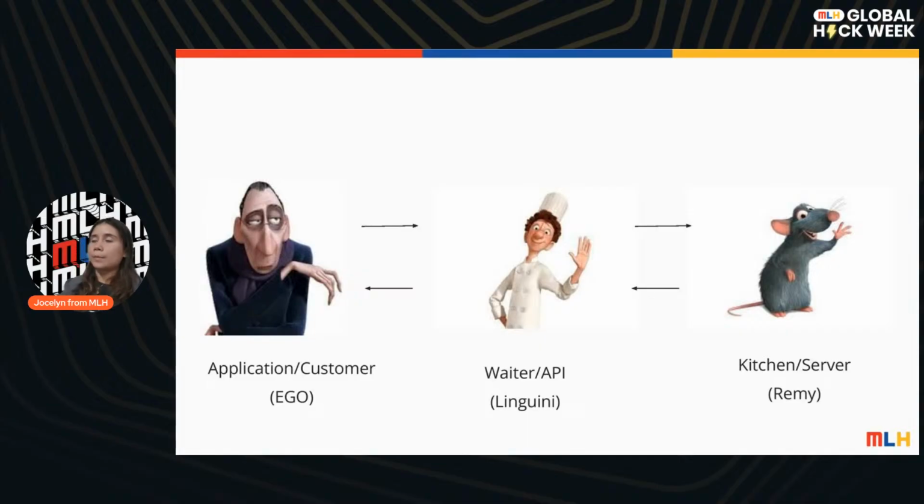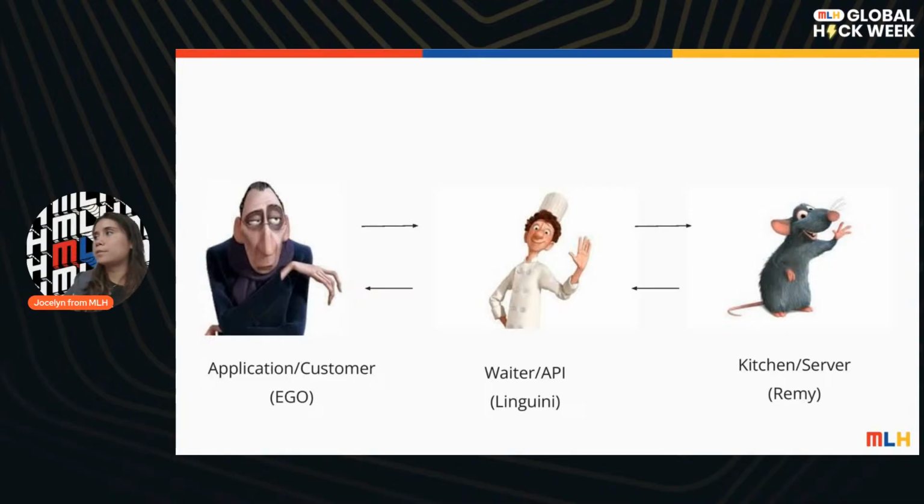So I raise up my hand and my waiter comes and says, oh, what do you want to order? And then I say my order, and the waiter has to go back to the kitchen, and then the kitchen starts working on my order, and then raises his hand or rings a bell saying, oh, the food for the customer is ready. So the waiter has to go all the way back to the kitchen, grab the food, and then go all the way back to the customer to deliver the food.